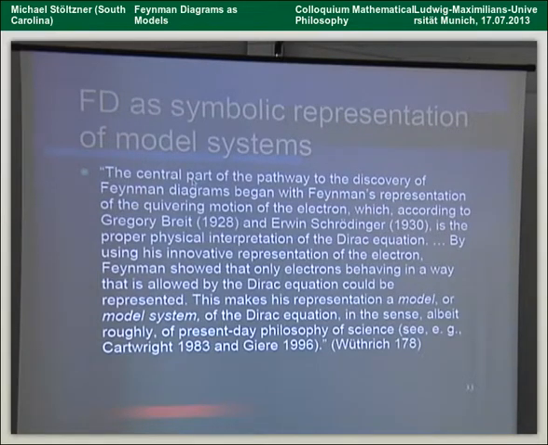This makes his representation a model or model system of the Dirac equation in the sense, albeit roughly, of present-day philosophy of science, Cartwright, Giere or so. Okay, his model system is sort of a bit like, you might know more in philosophy of biology, a model organism.